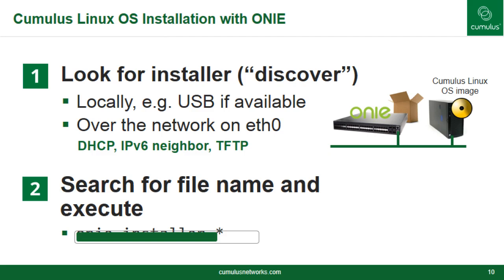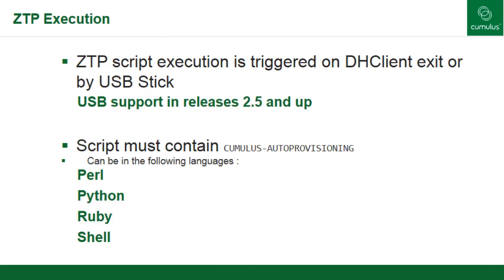And then after Cumulus Linux has already been installed via ONI, ZTP kicks off, which is great. ZTP, or zero-touch provisioning scripts, are triggered on either DH client exit, which means after DHCP happens, or there's also another process starting in the 2.5 release, which is coming out later this quarter, which will look for USB sticks and will look for specifically named files.